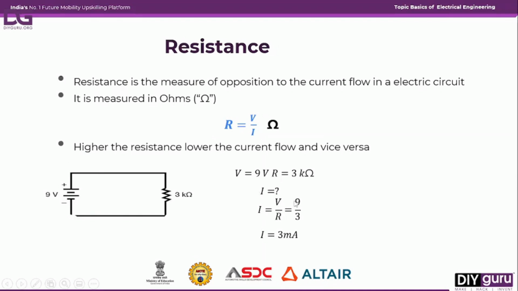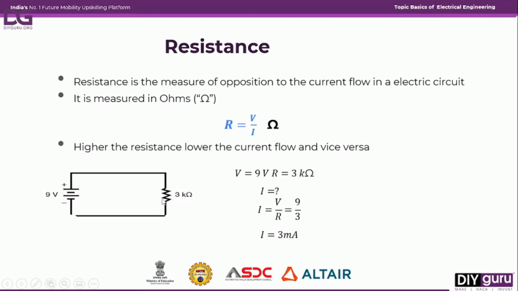That is 9 by 3, we get 3. It is milliamperes, because here the resistance is given in kilo ohms. We get milliamperes because the resistance is in the denominator. When the kilo ohms goes into the numerator, it becomes 10 to the power minus 3. So we get milliamperes.